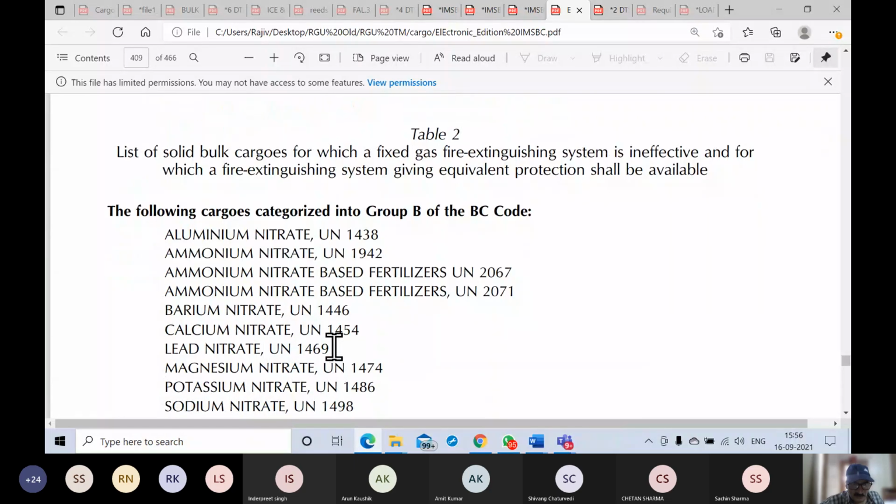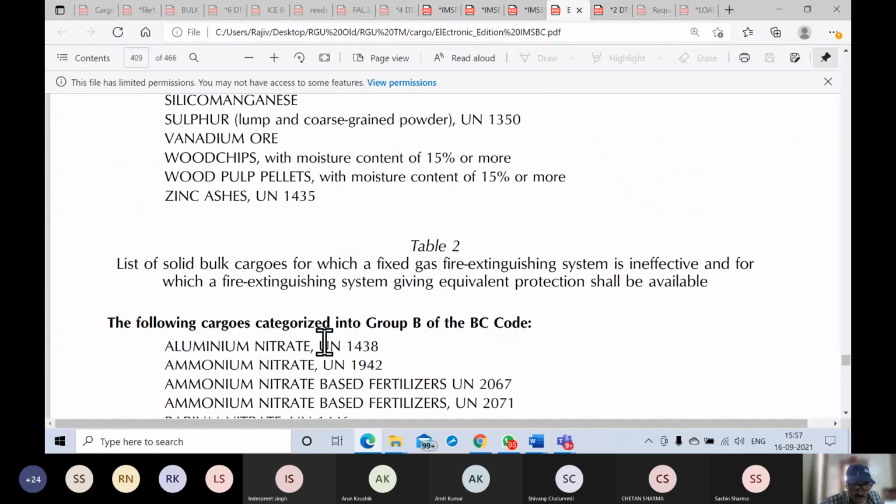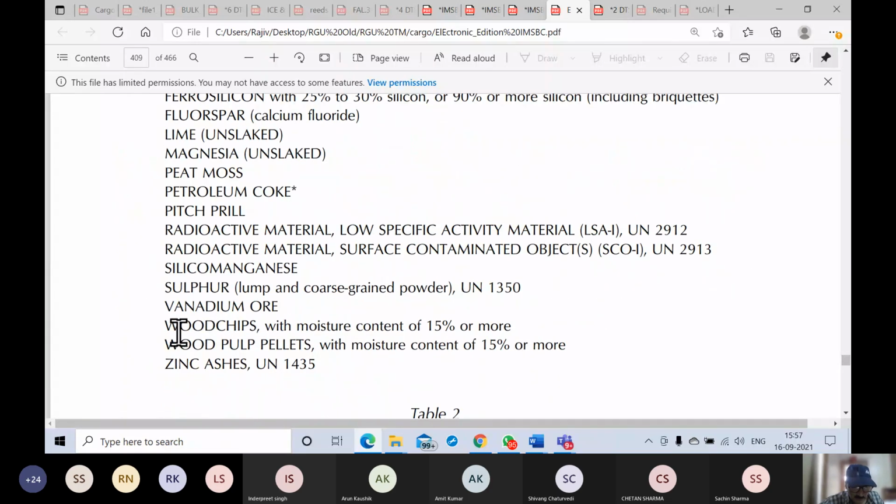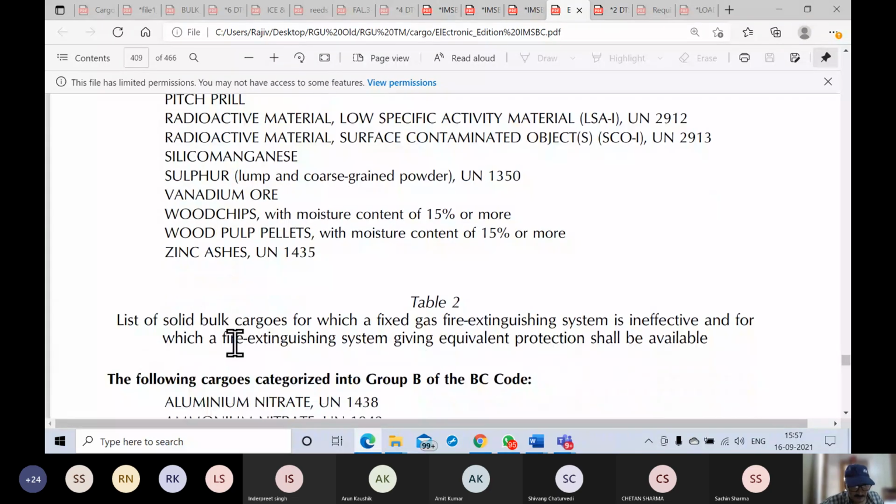These are all the list of cargoes which are exempted. And as we are talking of that, I remember on this particular ship, we actually had an exemption certificate for the fixed fire system. We were carrying one exemption certificate.